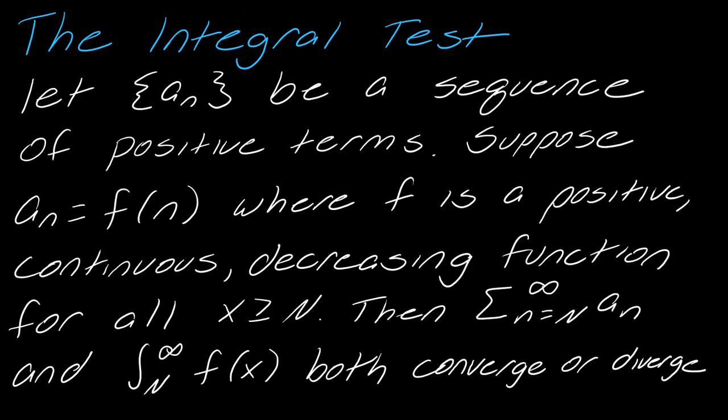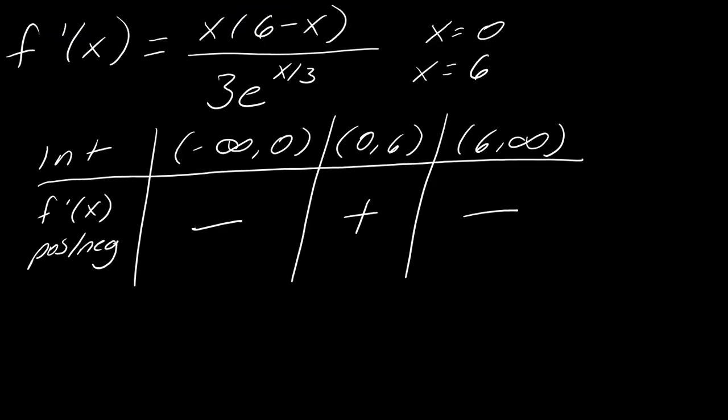In Calc 1 we cared about this, but now, thinking about the language of series, our series is never going to end up going to negative infinity. So I just did that to remind you, but we don't actually need that. This is the information right here that we actually need.